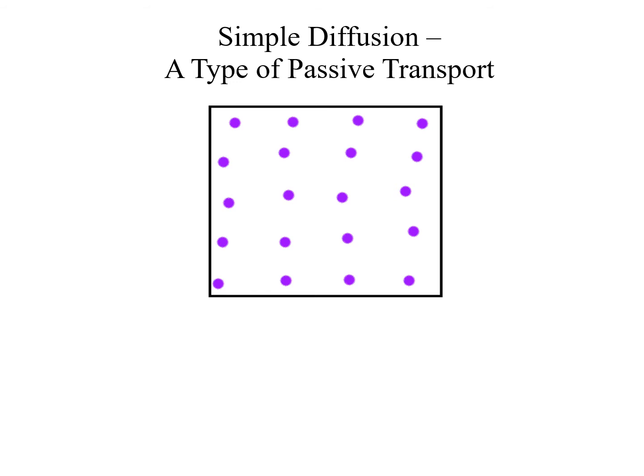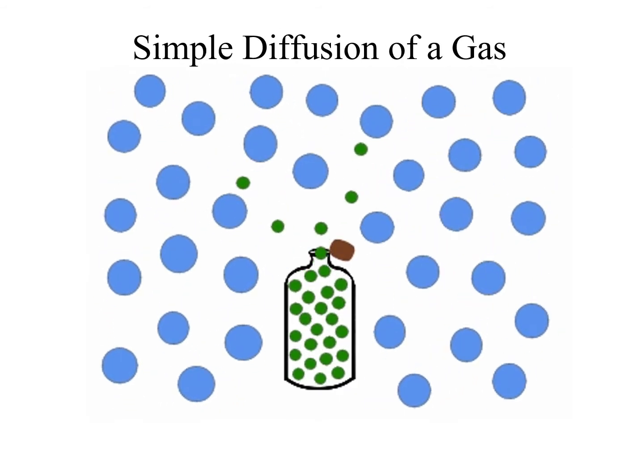In our bodies, however, diffusion does occur using a membrane many times, and so these molecules will travel across the plasma membrane without the aid of any ATP. They simply move with their own kinetic energy, bouncing off of each other's molecules and across the membrane. Gases often diffuse.